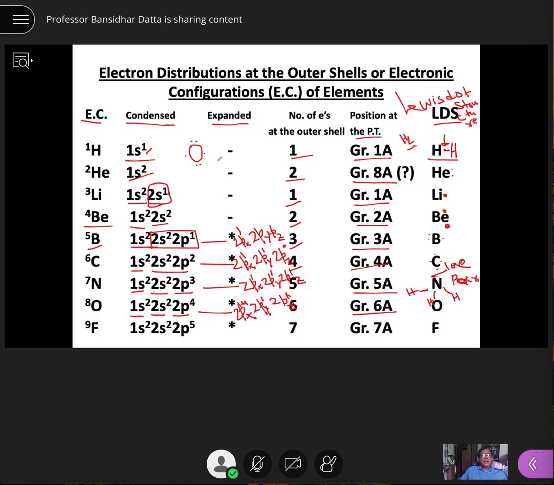Now this is one unbonded pair of electrons, and this is another unbonded pair of electrons, and these are called lone pairs. Oxygen has 2 lone pairs, and nitrogen has 1.